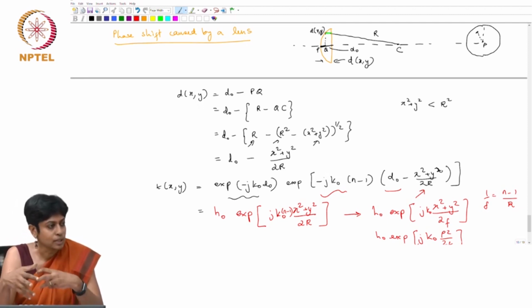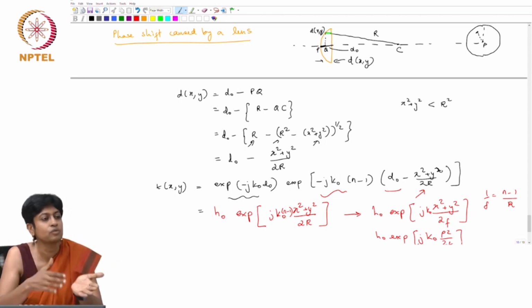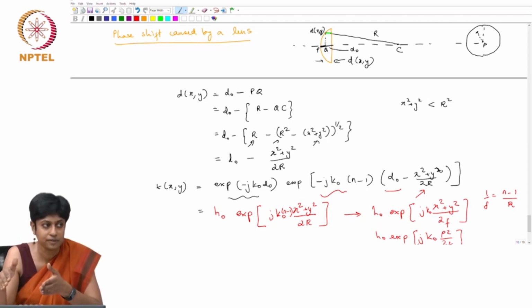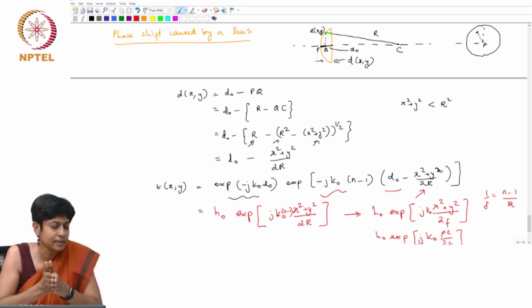But in order to do that, we wanted to see how any beam transforms, because up till now we've only been looking at rays, not waves. And when you look at waves and their interaction with an optical element, their phase is going to change. So we defined this parameter, the transmittance, for a phase element.